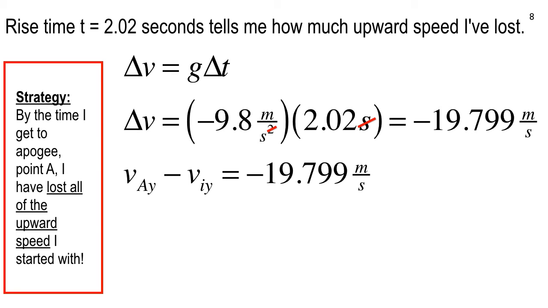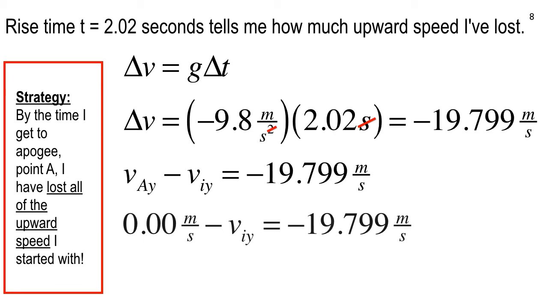Now, I don't know what that is, but we can figure it out directly because we do know that V A Y here is 0. Because at point A, you've stopped moving upward. You're at apogee. You've lost all your upward velocity, and you're about to start acquiring downward velocity on the second half of the trajectory.